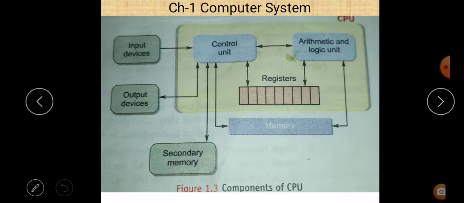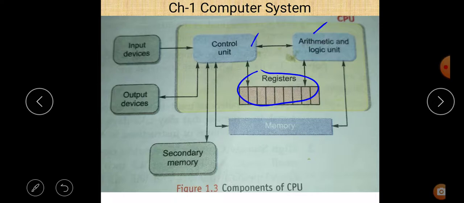If we talk about the CPU, then the CPU can be divided into three main parts. Two are the control unit and arithmetic logic unit, and one is the register. The control unit controls the entire operation of a computer system, and it sends signals to different units connected to the computer system. The arithmetic and logic unit performs arithmetic and logical operations such as addition, subtraction, multiplication, and division.